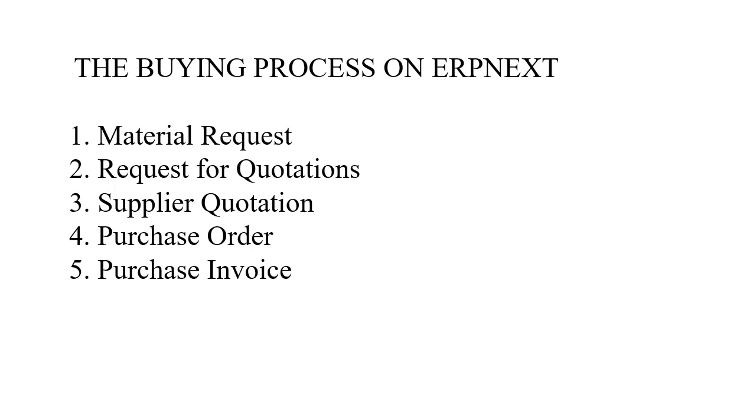So imagine that you could create request for quotations from within the material request document without first having to go to the request for quotations list, right? This would fetch the relevant information from document 1 and use it to pre-fill some of the fields in document 2, which makes things easier and quicker for us.